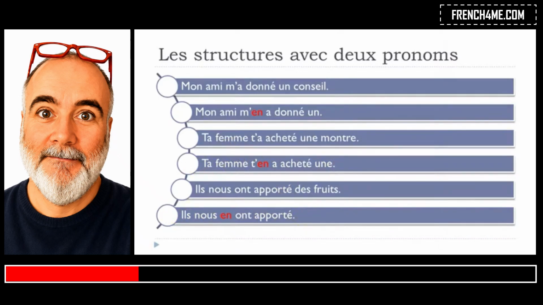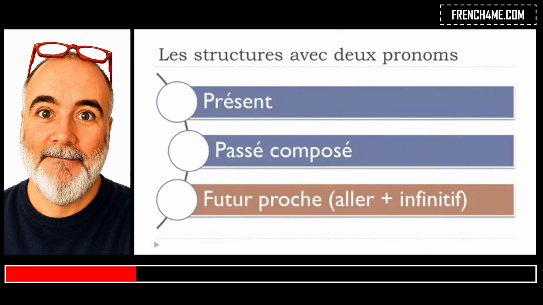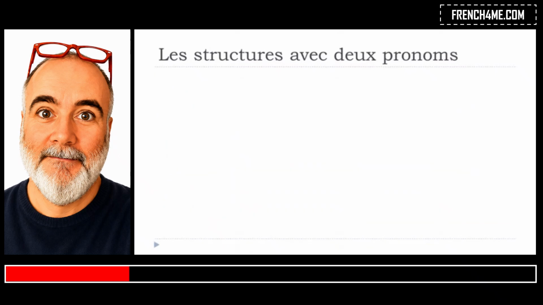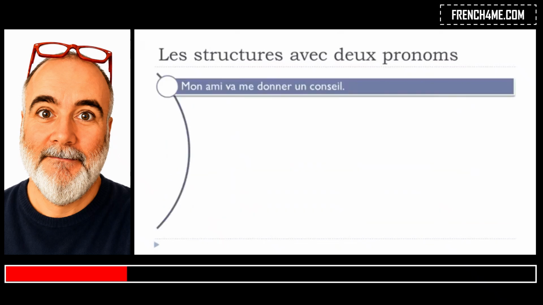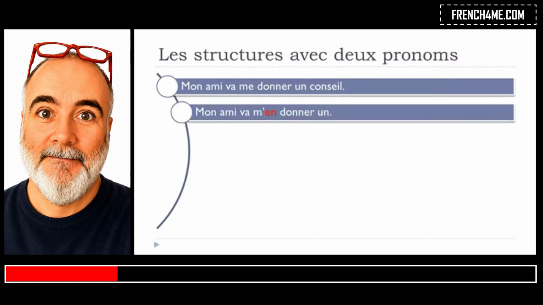All right, and then the last example we'll see with the futur proche. In that case, it will be quite interesting because we will have two verbs. Let's see. Mon ami va me donner un conseil. Exactly the same idea. We'll replace un conseil by en, and then we see how it goes. Mon ami va. Here you've got the verb aller, the first verb.